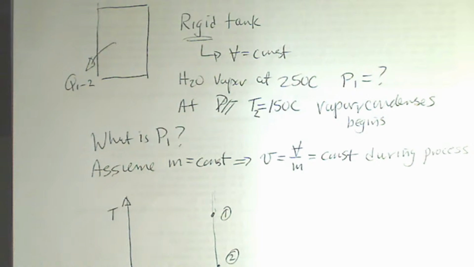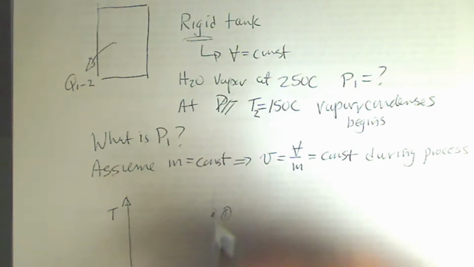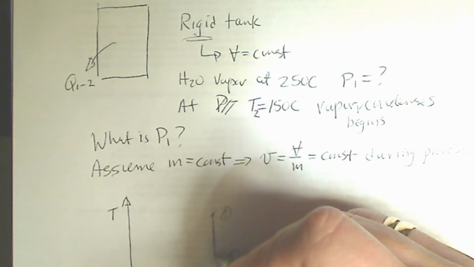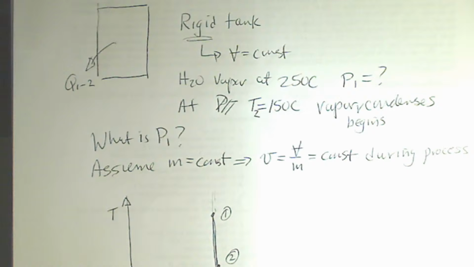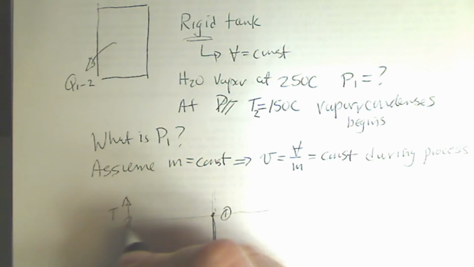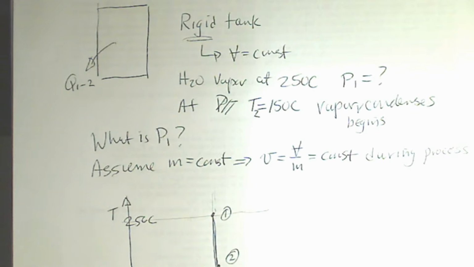Just from the way this problem is described, we know we're moving from a known temperature, 250 degrees C, to another known temperature, 150 degrees C, at a constant specific volume.